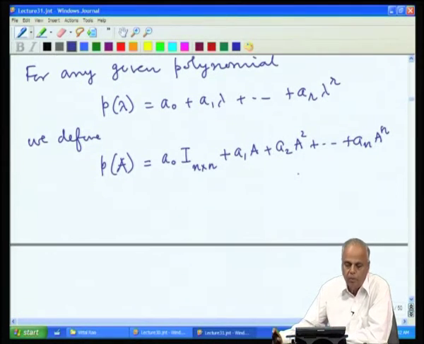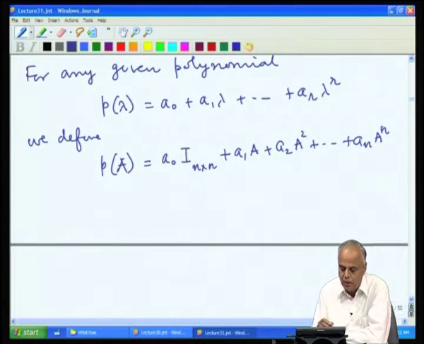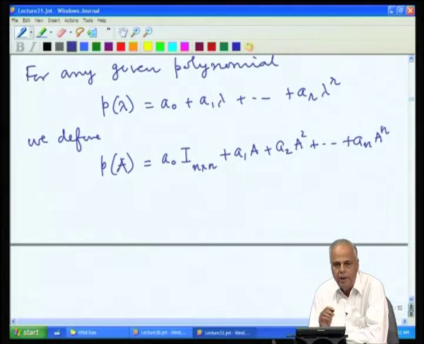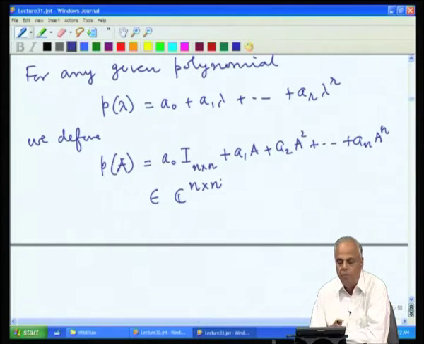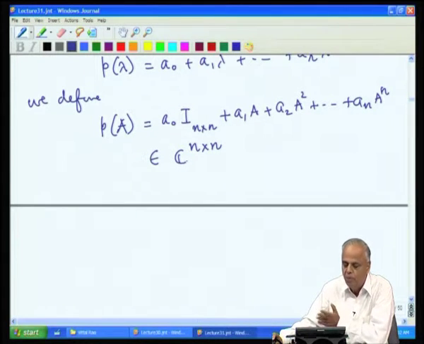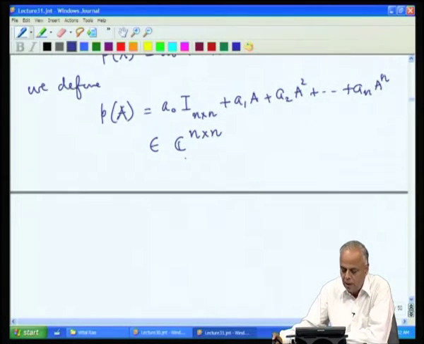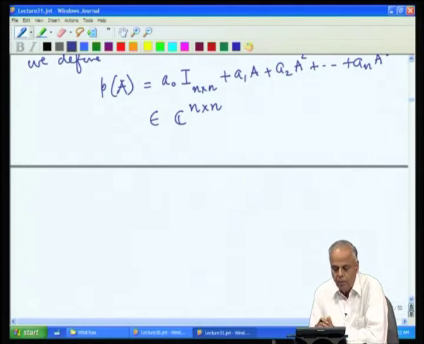So, given any polynomial p with complex coefficients, we associate with it a polynomial in the matrix A, again a complex matrix. We start with the complex matrix and complex coefficients, the sum of all these matrices is again a matrix, and again it could be complex. So, given any polynomial with complex coefficients, we can always associate with it the matrix polynomial p of A.